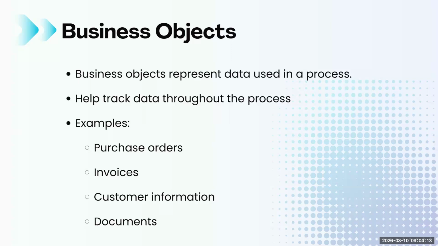For example, in an order to cash process, the purchase order, invoice, and payment information are all business objects that move through the workflow. These objects ensure that information flows together with the activities of the process.